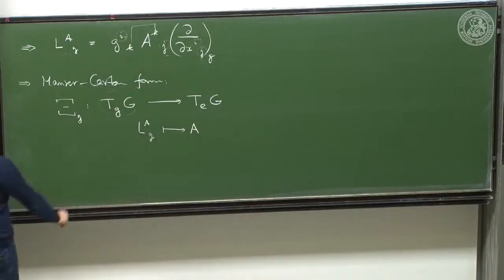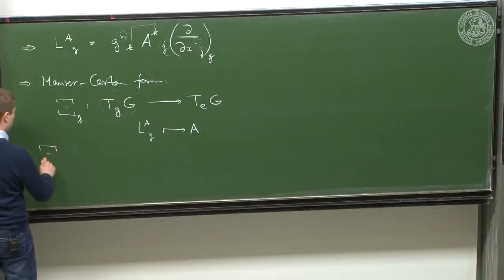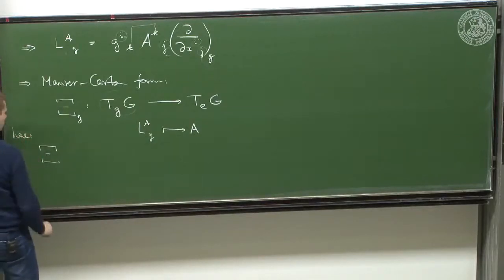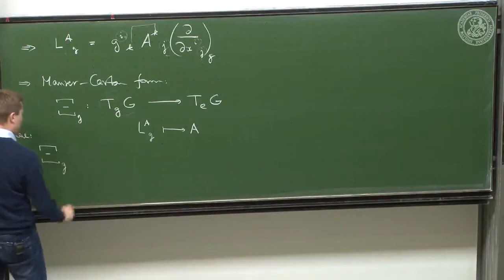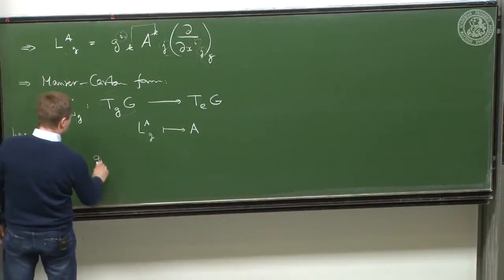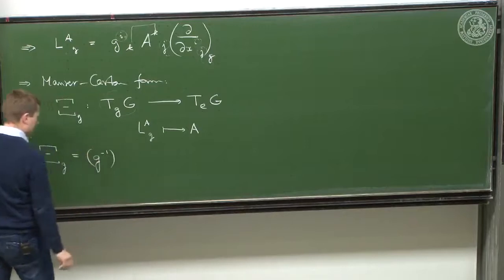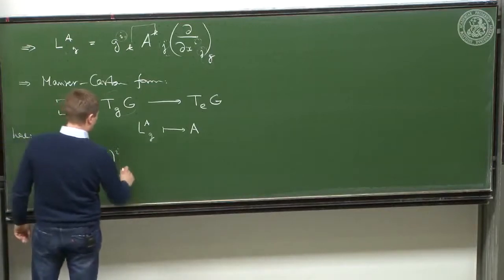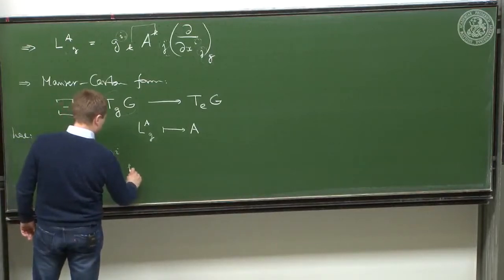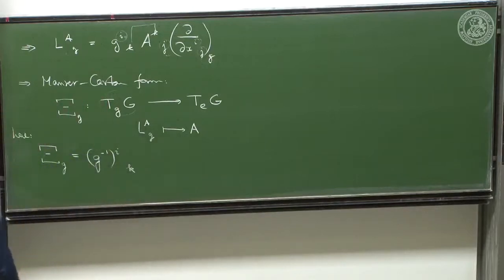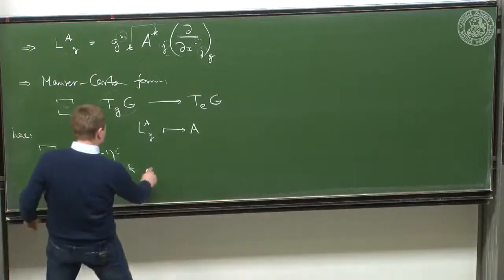And so if I want to achieve this in general, I have to define, well, not in general, but for this example, so here, I have to define this as G inverse of IK dx_kj.